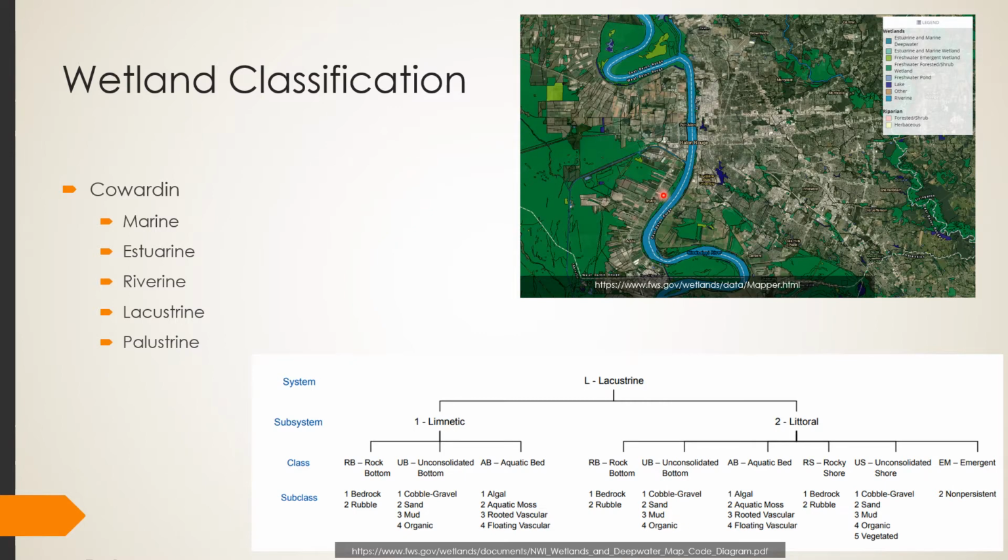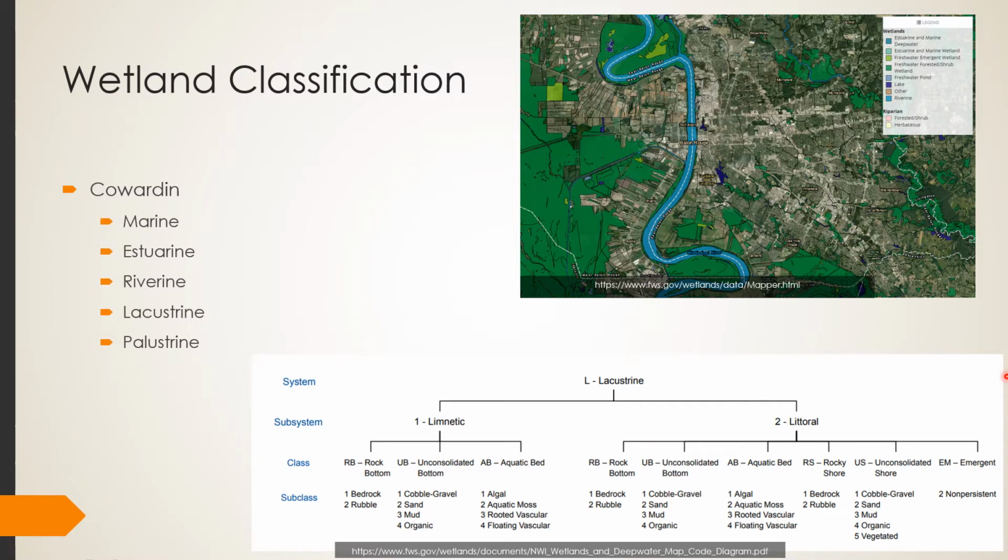Wetlands are classified in a variety of ways. One common method is the Cowardin system, which is used by the National Wetlands Inventory, also called the NWI, which is the largest database of wetlands in the United States. The image on the top right here shows what that NWI data looks like.